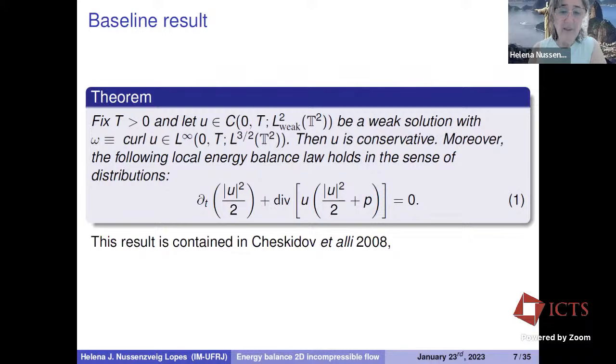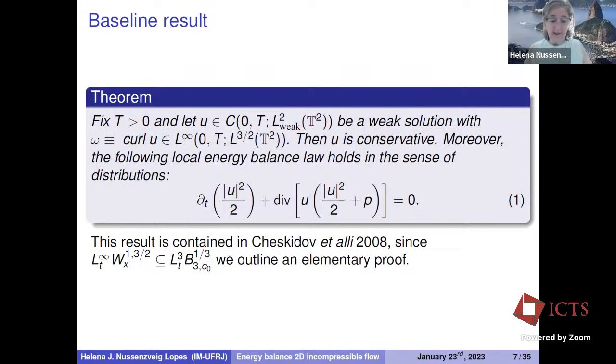This result is actually a corollary of the work by Cheskidov, Constantin, Friedlander, and Shvydkoy from 2008. Because the velocity will then be bounded in time into the Sobolev space W^{1,3/2}, that's contained in L3 in time, B^{1/3}_{3,c0}, which is where they prove energy conservation.